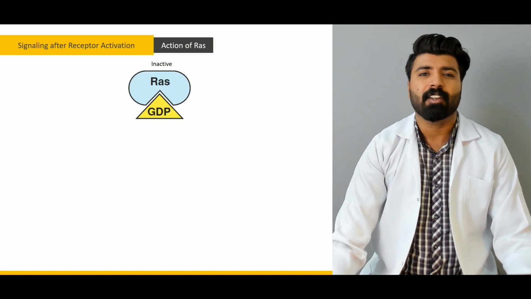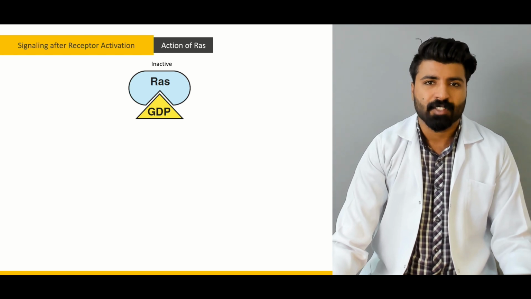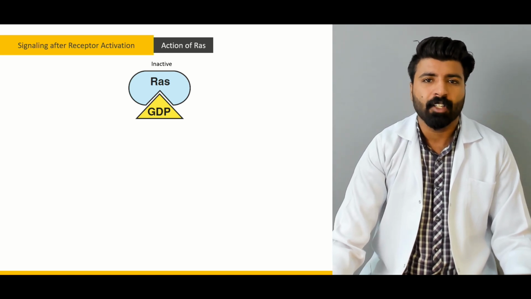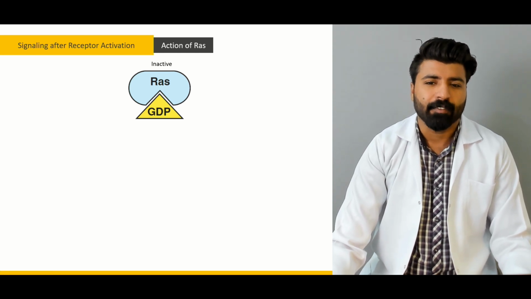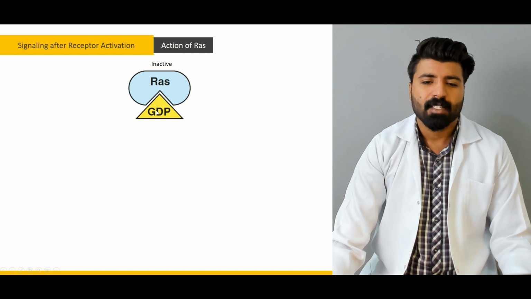So what happens is the reticular activating system is normally at inactive stage. It's not needed to be active all the time. So this system is attached to a GDP all the time. When it's attached to the GDP, it's inactive. As you can see, RAS is attached to the GDP and it's inactive.